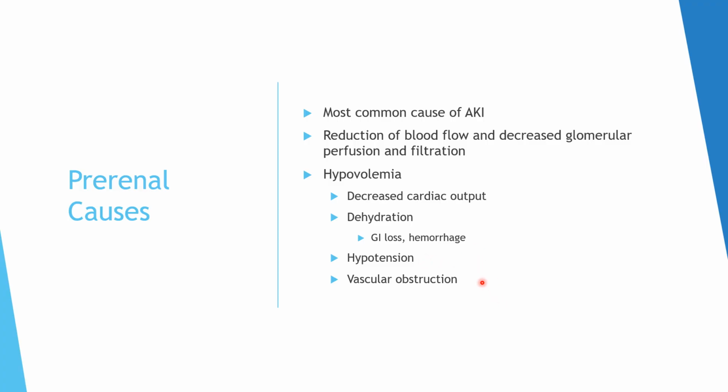So if we have a clot in the renal artery, or a bunch of atherosclerotic buildup in the renal artery, we can develop an aneurysm in our abdominal aorta, which can cause a blockage to the renal artery. So all of these are prerenal causes. We can also see prerenal causes sometimes with burns, related to that dehydration. Burns can also be an intrarenal cause of acute kidney injury.